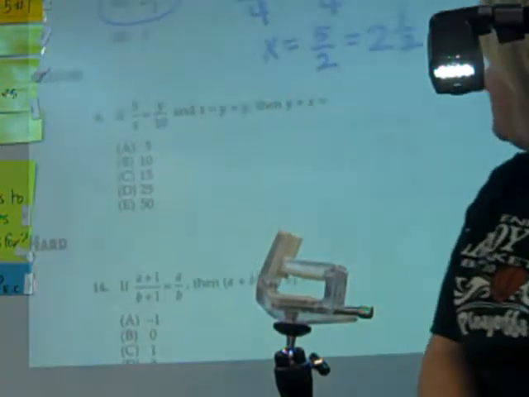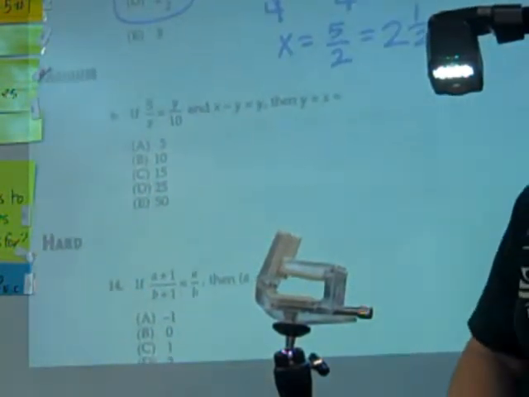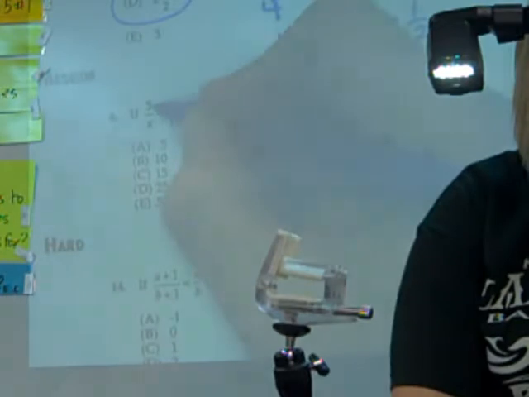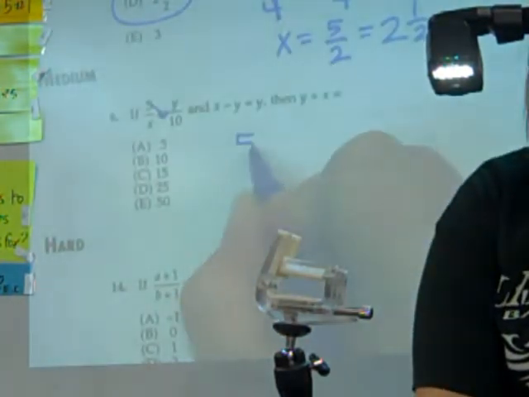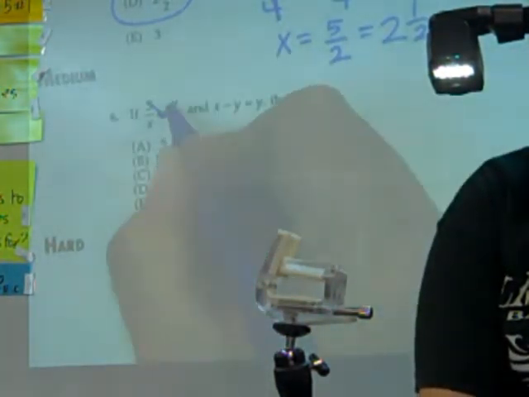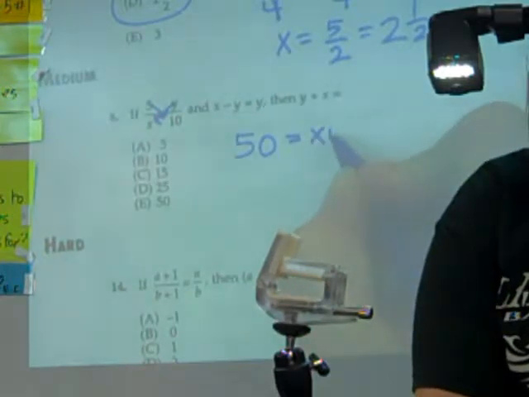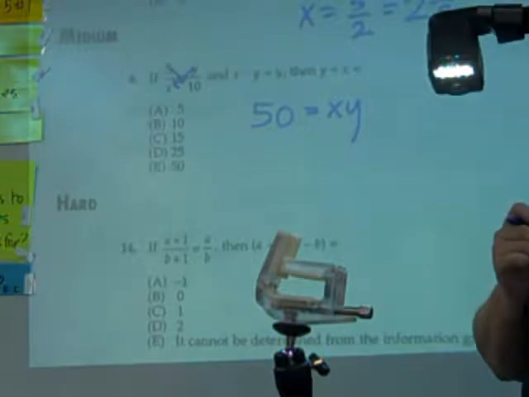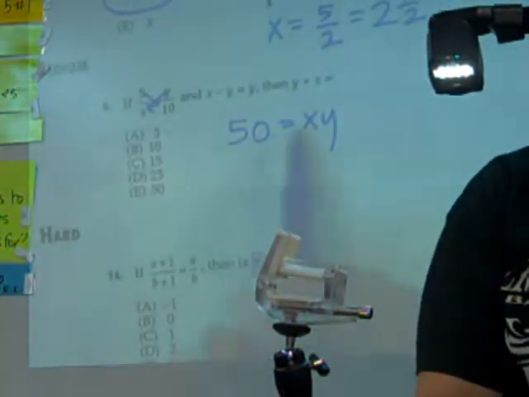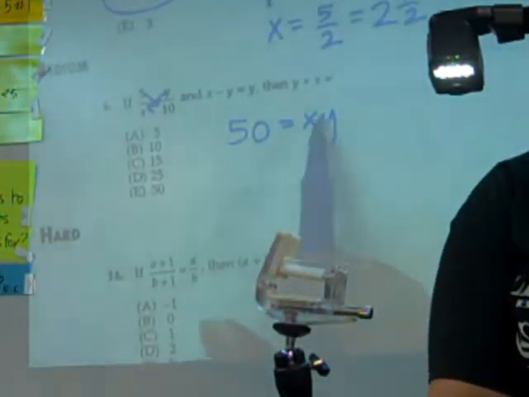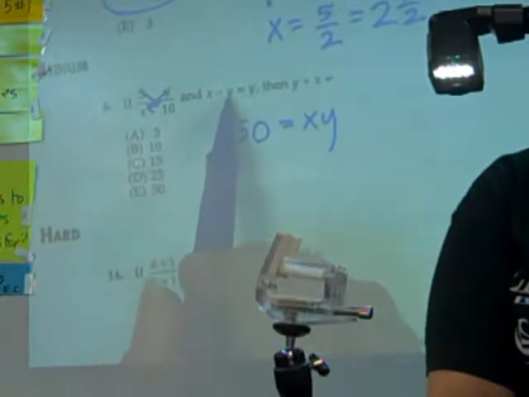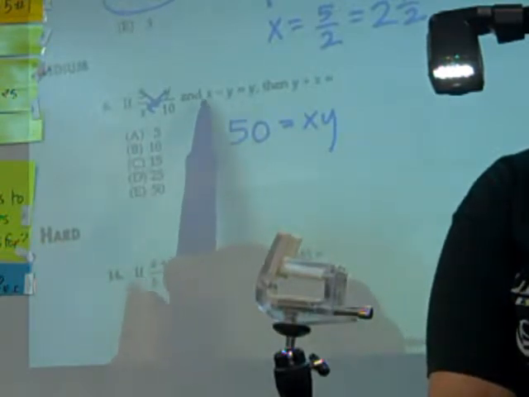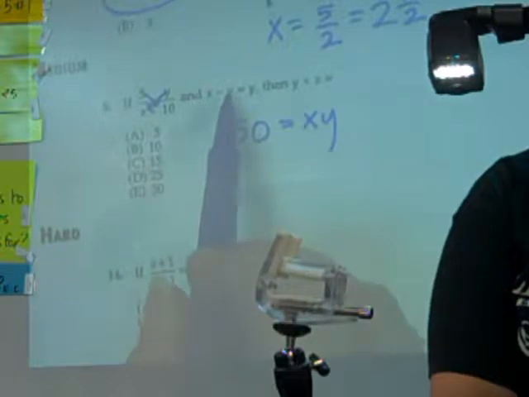The next one. This one is pretty tricky. Okay, when you cross multiply, you get 50 equals x times y. Okay, so we need two numbers that multiply to give us 50. And when we subtract one number from the other, we've got to get that number.